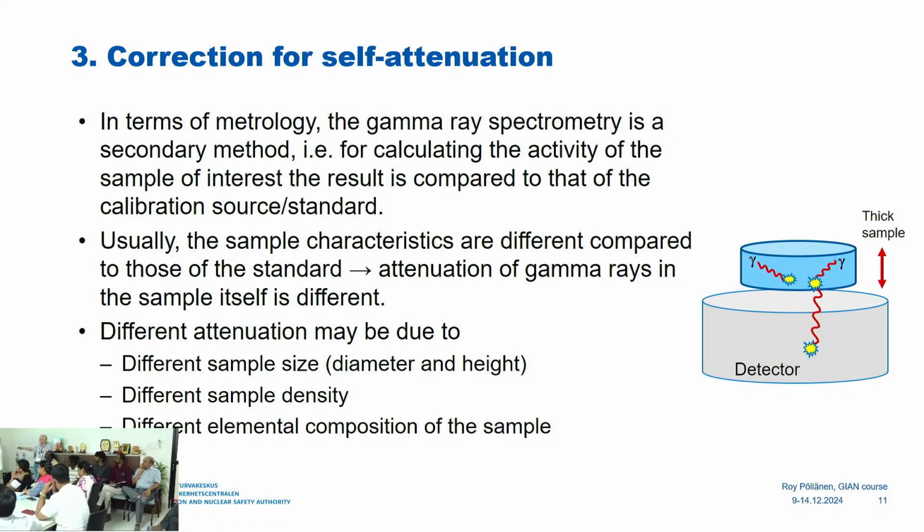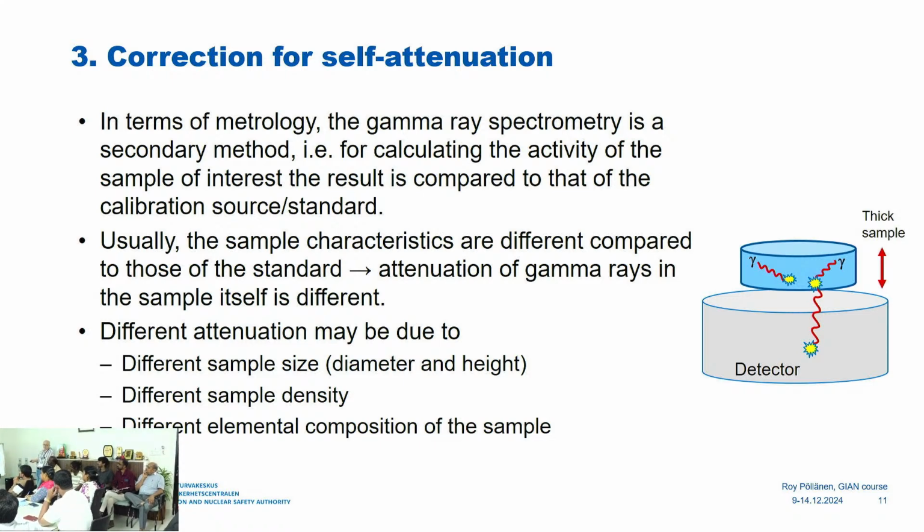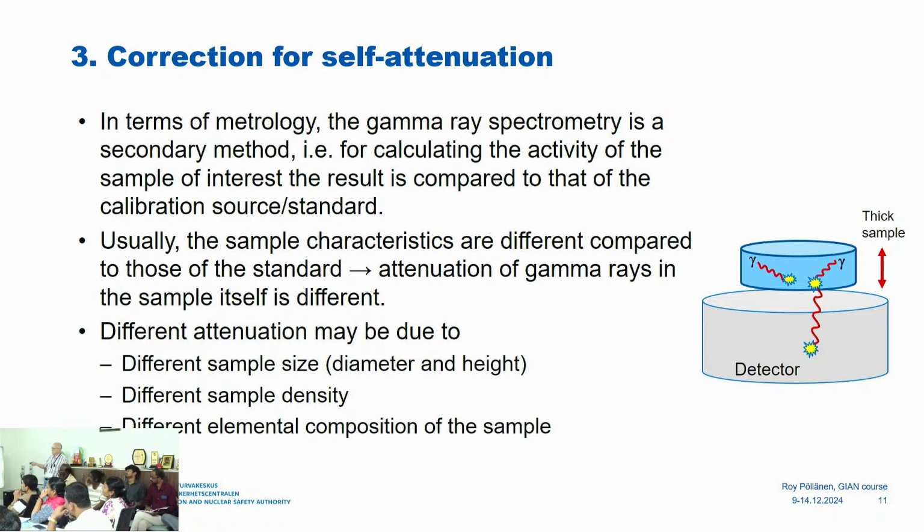However, the energy of this gamma is different than the original gamma, so this doesn't go to the full energy peak. Different attenuation may be due to different sample size, I mean diameter and sample height, different sample density, and of course different elemental composition of the sample.